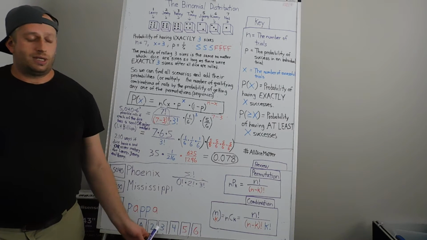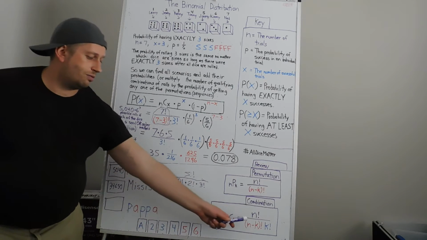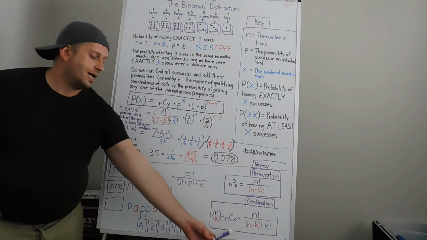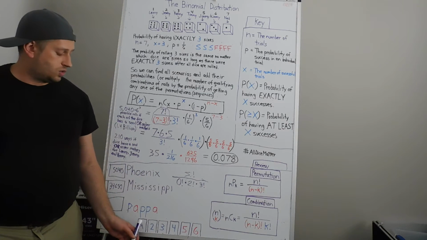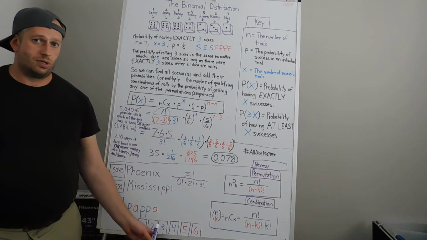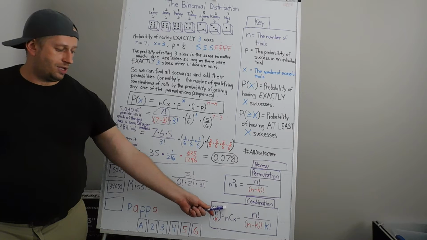So we divide out the number of ways that we can draw those specific cards, and then we can find the number of combinations.